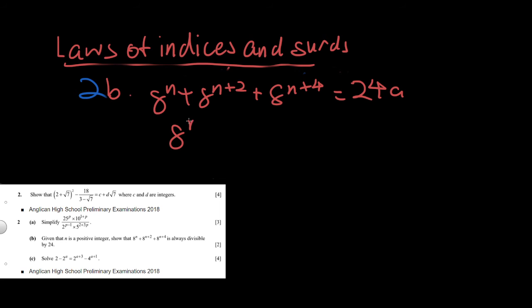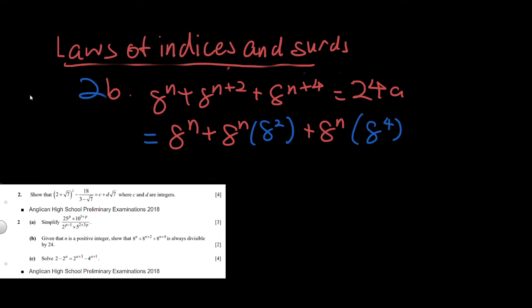I'll just expand it out first. So this one I can't really do anything about. But for this term, I can pull out the power 2, right? By the multiplying law. Same with the 4. So equal to 8^n times 8^4.